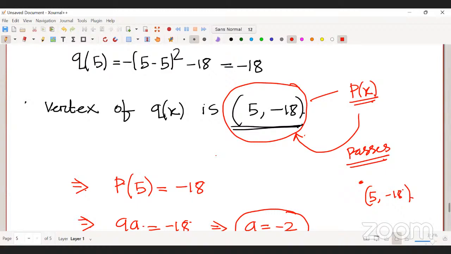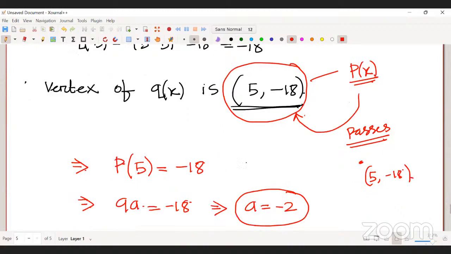Suppose this is the graph of p of x. This graph passes through this point. So in 5 comma minus 18, 5 is the x coordinate, and the y coordinate is minus 18.